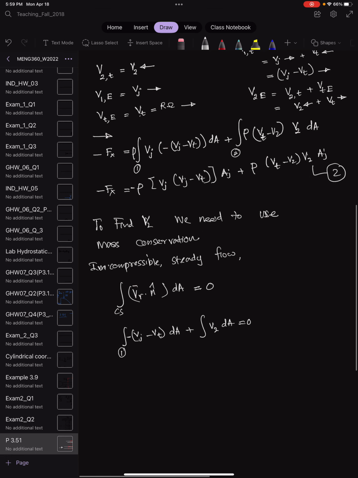So dA is Aj, so we can write negative Vj minus Vt times Aj plus V2 times Aj equals 0. Aj cancels out, so you can find V2 equals Vj minus Vt.